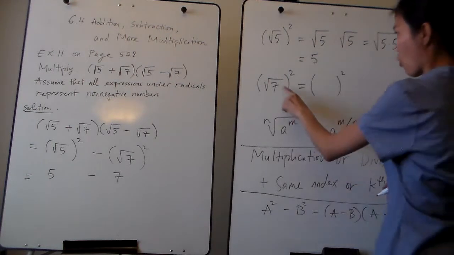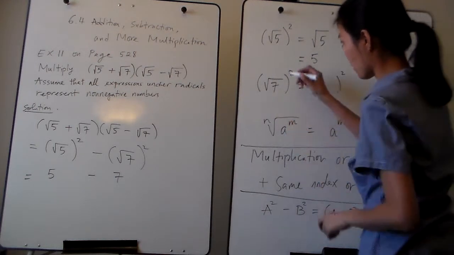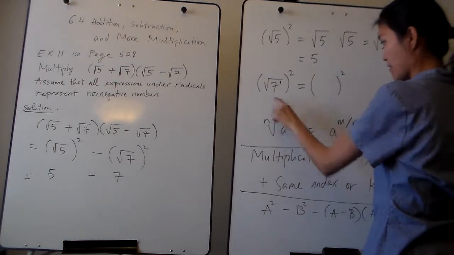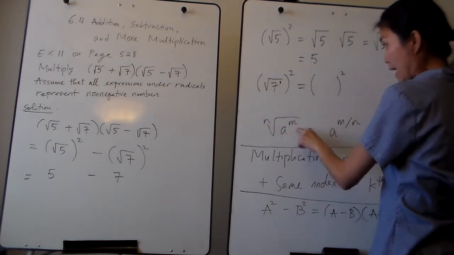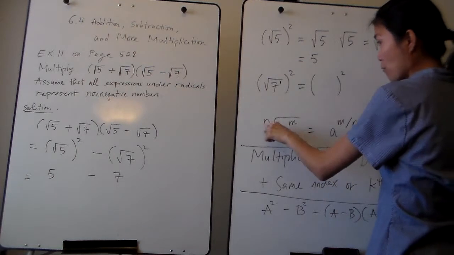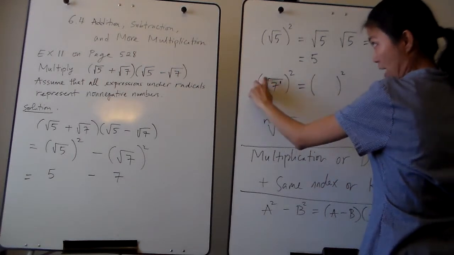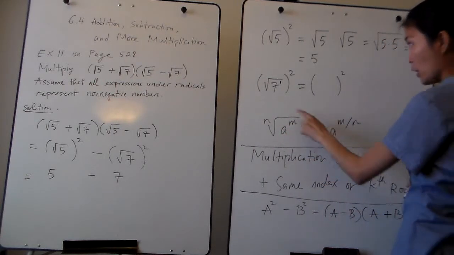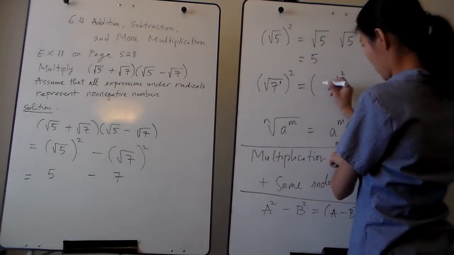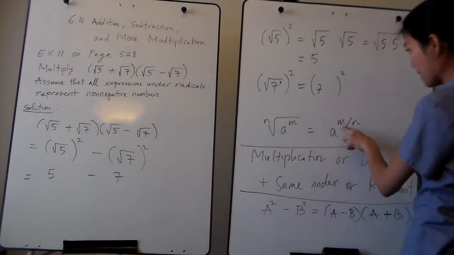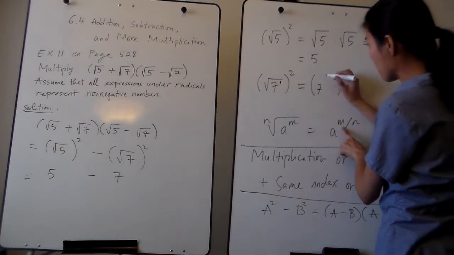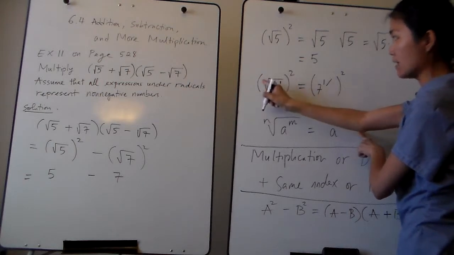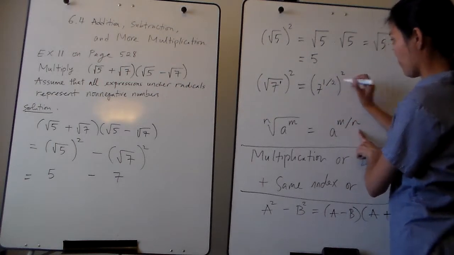So we have 7 raised to the first power, so you can treat 7 as a, 1 as m, and the square root means n equals 2. To go from here to here, we have 7, which is a, the exponent m, which is 1, divided by n, the index, which is 2.